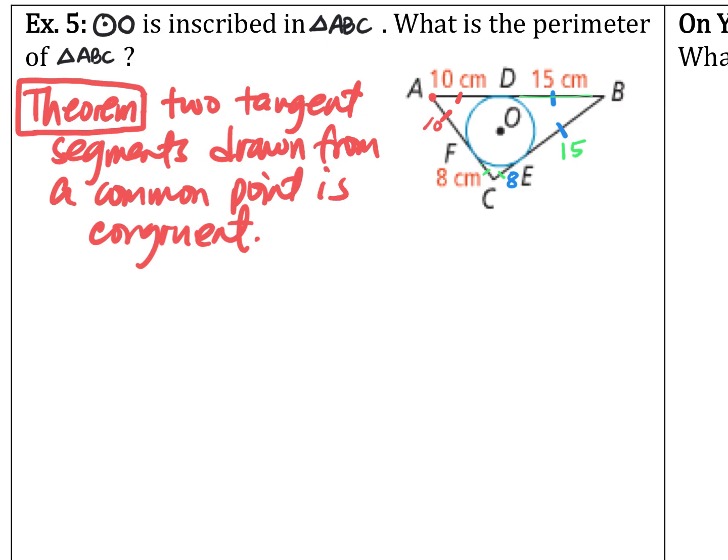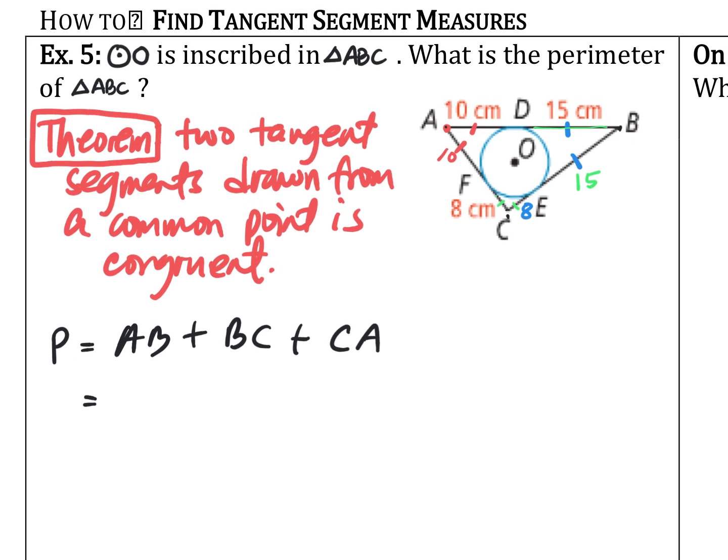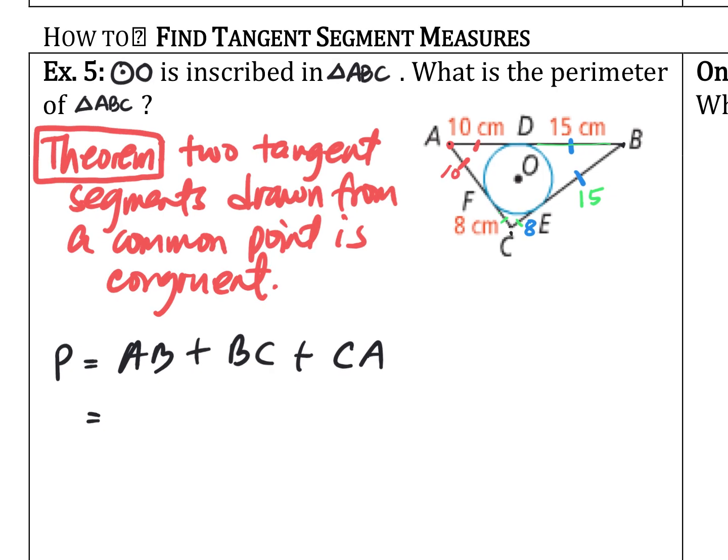So perimeter is just simply adding up everything. So here the perimeter is now going to be from A to B, and then plus B to C, and then C to A. Okay, so if you're going to be looking at from A to D, that's going to give you 10. It's going to give you 10 plus 15. And your BC is going to be 8 plus 15.